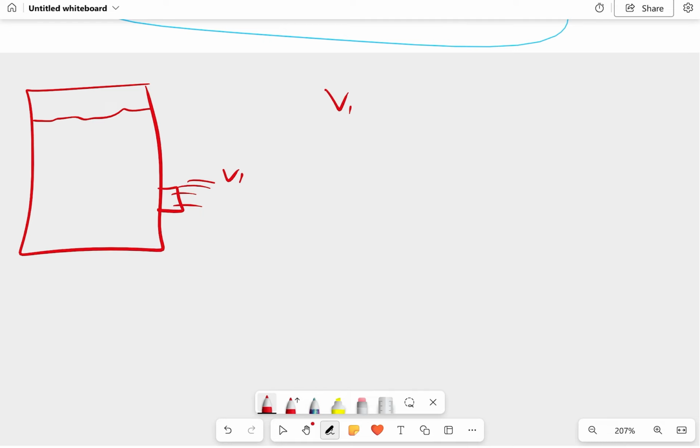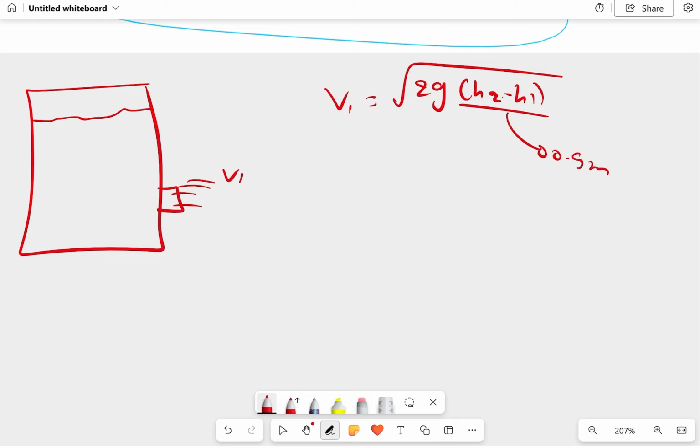You're going to say V1 is equal to the square root of 2g(h2 minus h1). This h2 minus h1, guys, you're always going to be given in the question. You don't have to subtract; it's going to directly give you this one. For example, this is equal to 0.5 meter.